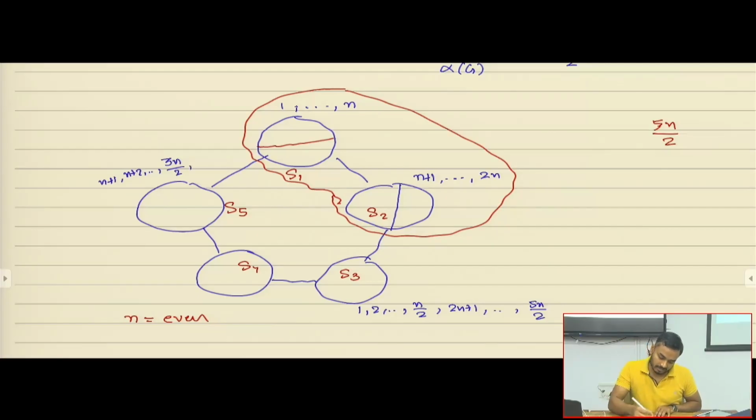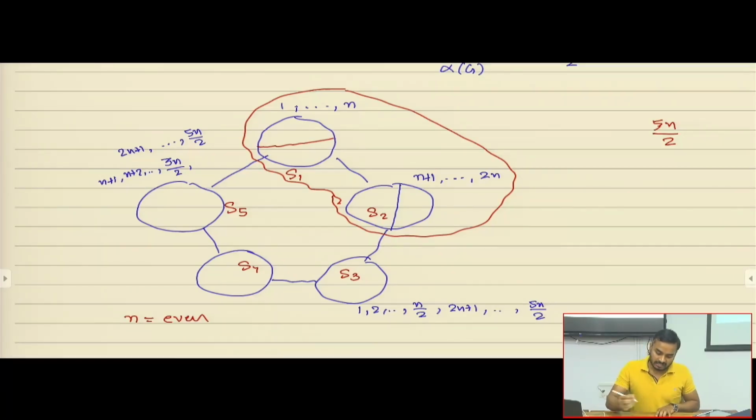And after that, half vertices are remaining, right? So which color we will use? Again, 2n plus 1 up to 5n by 2. So if you are adding these numbers, you will get n number of vertices over here.